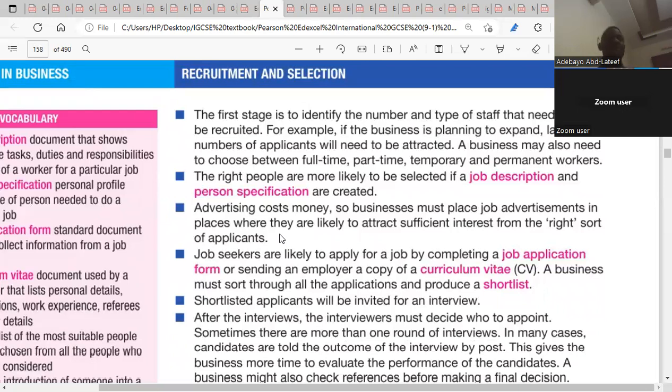So if it is internal, that means you might not need to advertise the position. Or if it is external, you have to think about the advertising cost, because if it is external, you need workers from outside the company. It means you need to let a lot of people know about the vacant position. Yes or no?